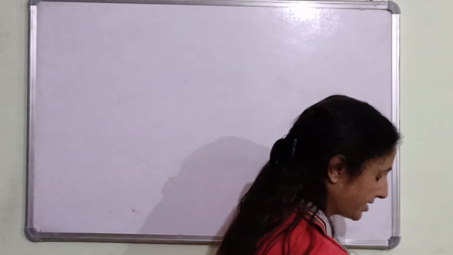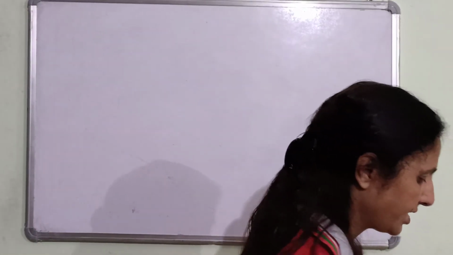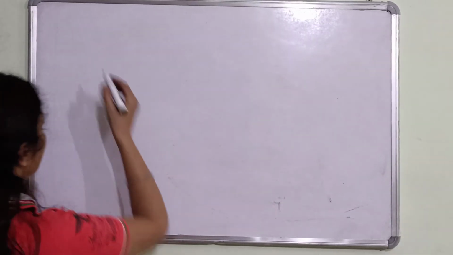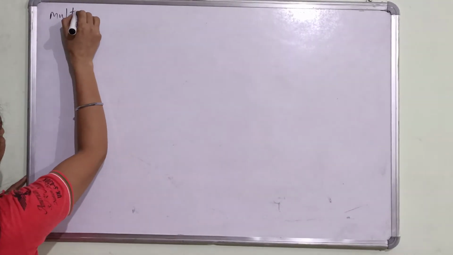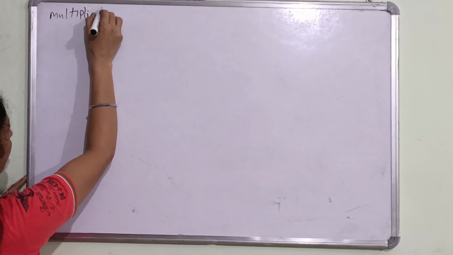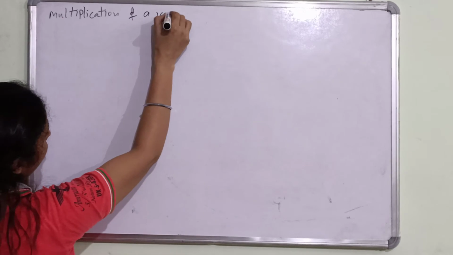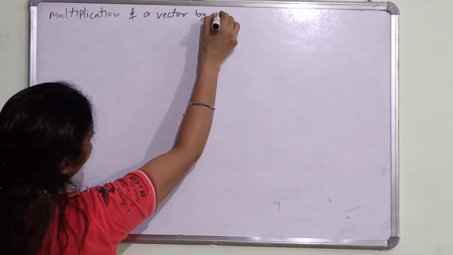So what is that? Let's see. Multiplication of a vector by a scalar.